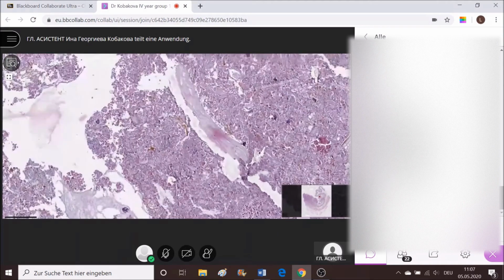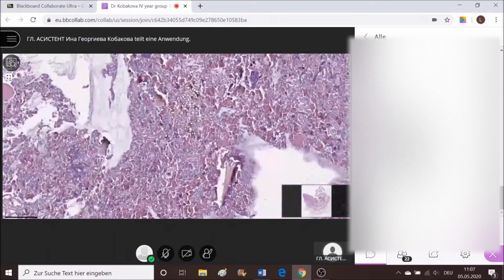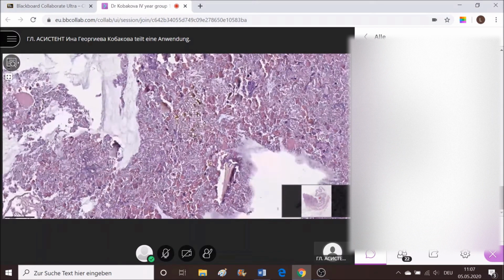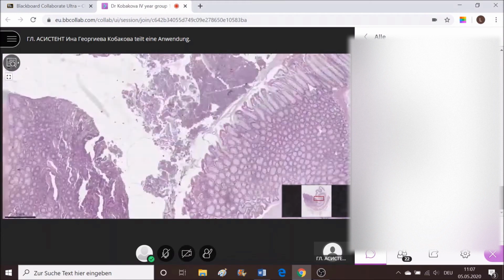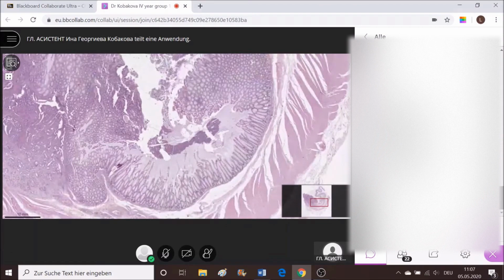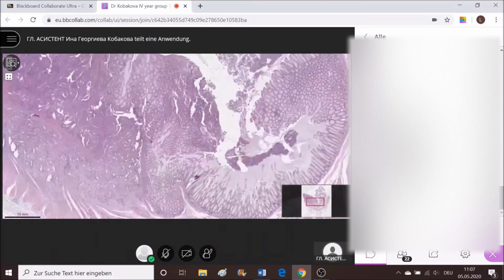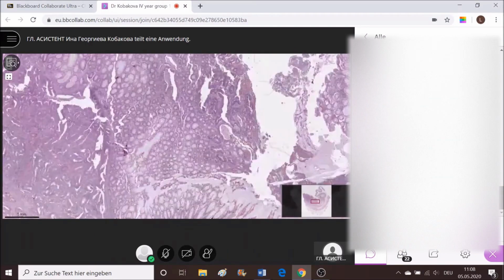This is how cellulose looks, with cells that look almost empty. Further on the slide, we again reach a field with increased excretion of mucin. And we continue now with a place which is mildly dysplastic.